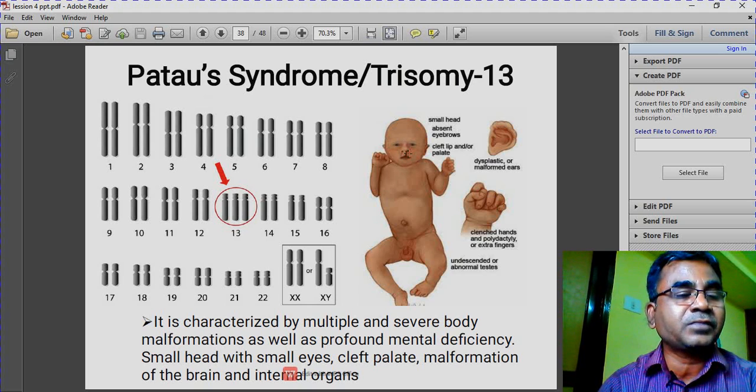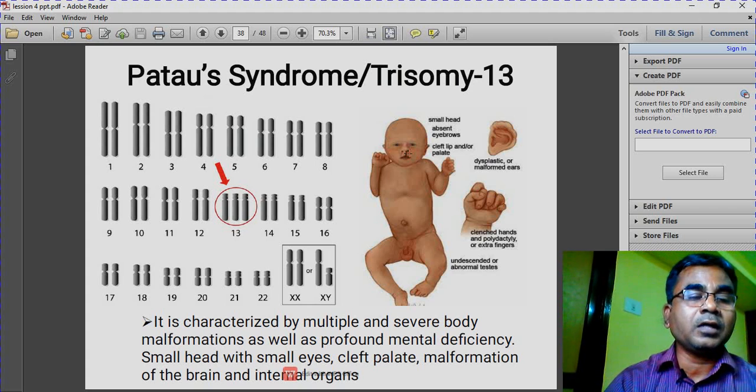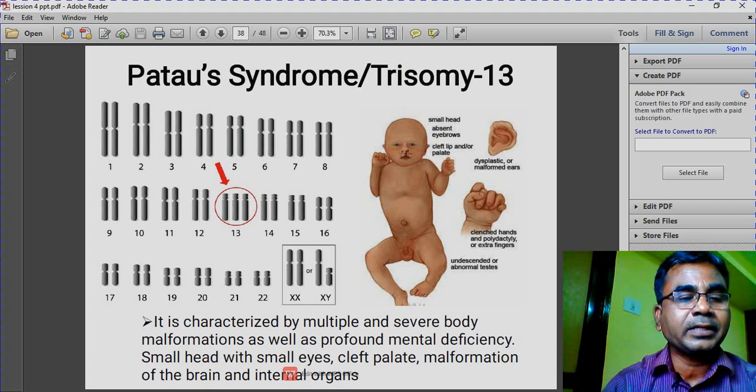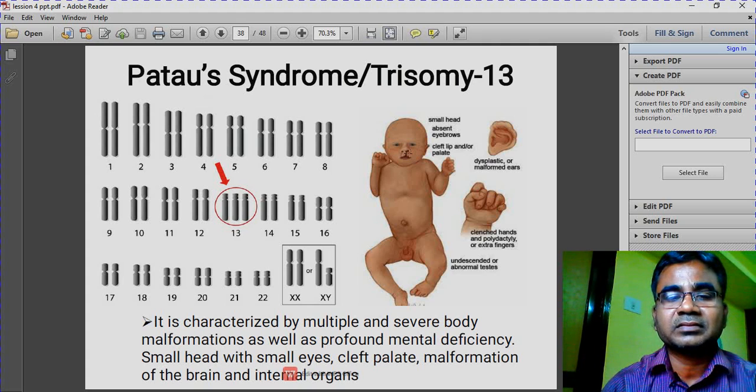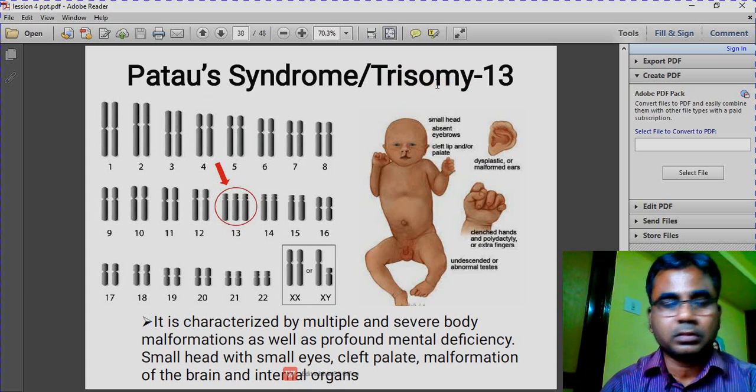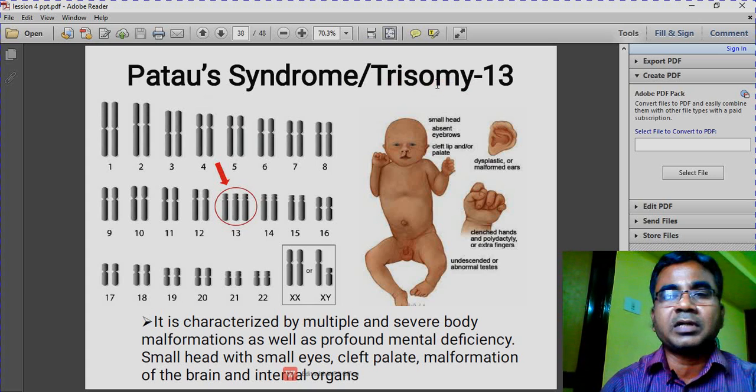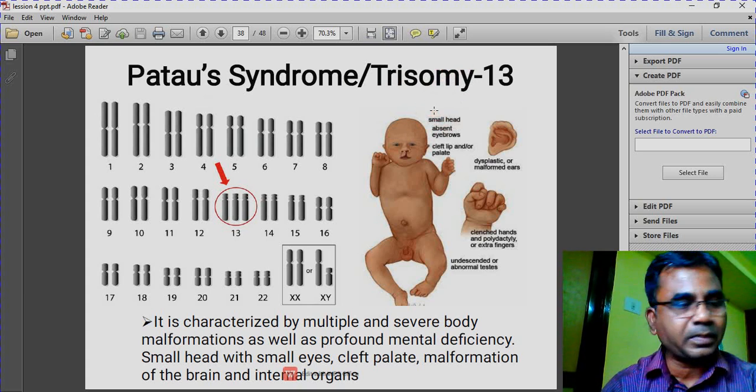And then malformation of the brain and the internal organs. So these are the symptoms of Patau syndrome. Patau syndrome is actually trisomy 13. These two, Down syndrome and Patau syndrome, are autosomal abnormalities.